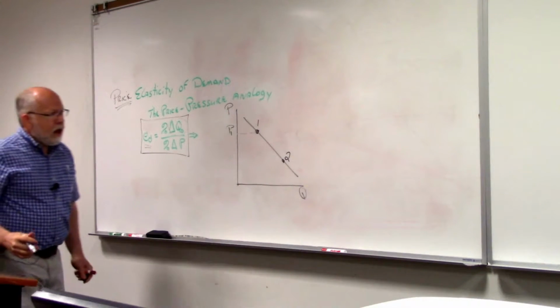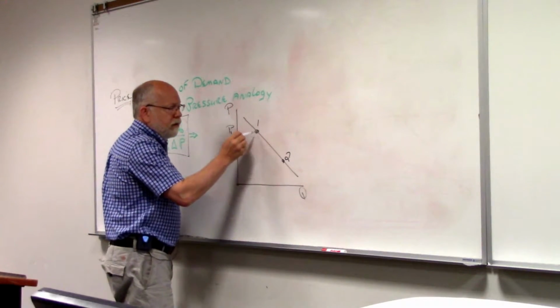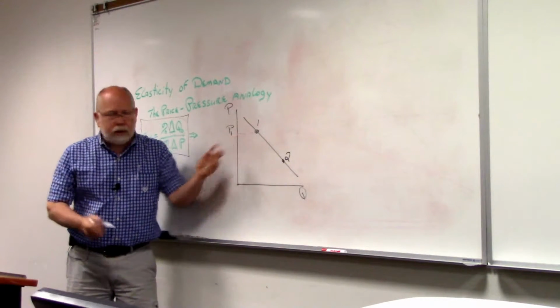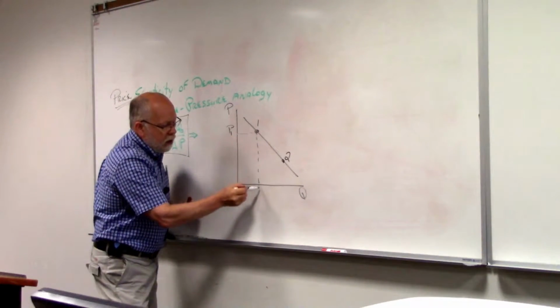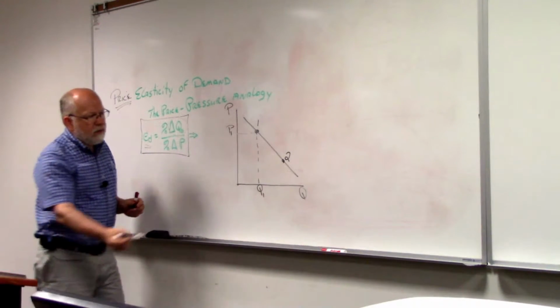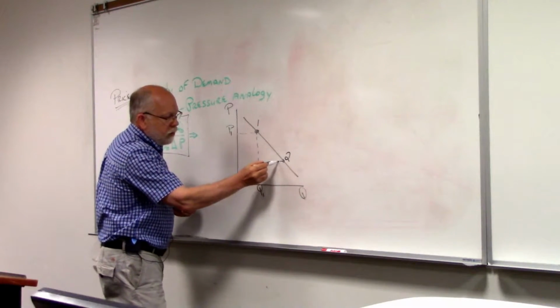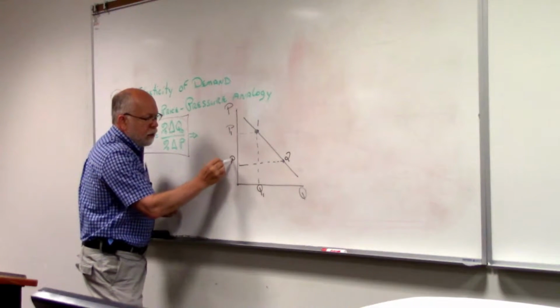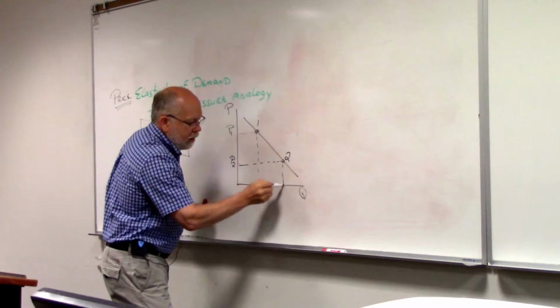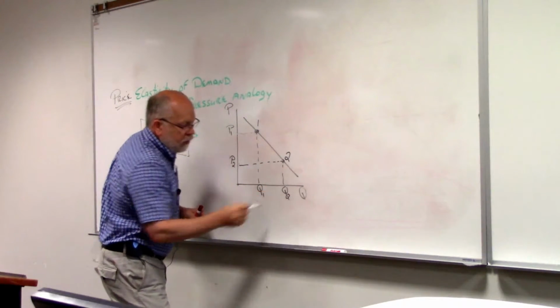Now, for every point on the demand curve, it has a price associated with that point, and it also has a quantity associated with that point. Similarly, if we come down here to point 2, it has a price associated with that point, and it has a quantity associated with that point.